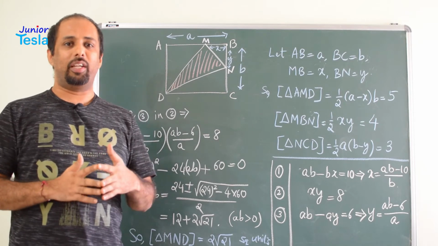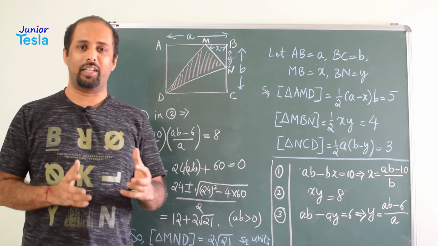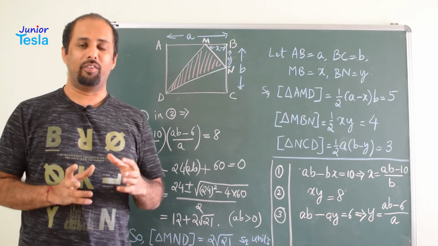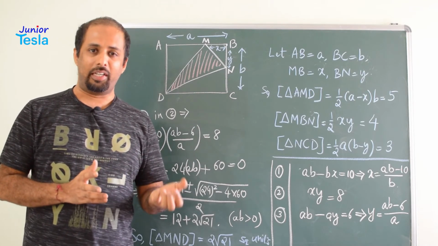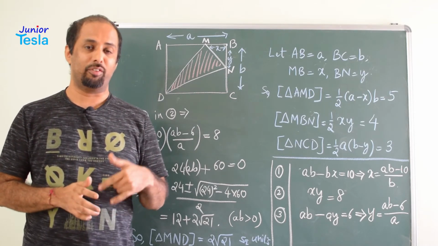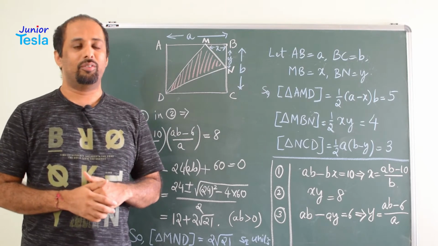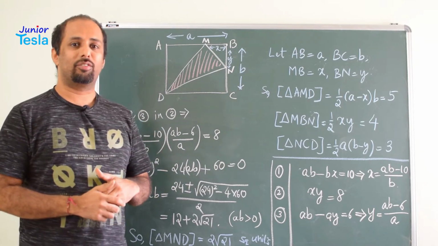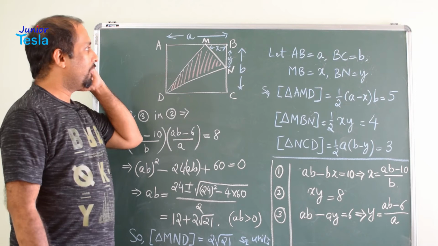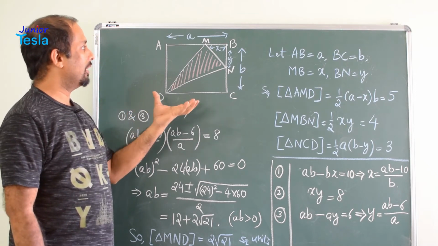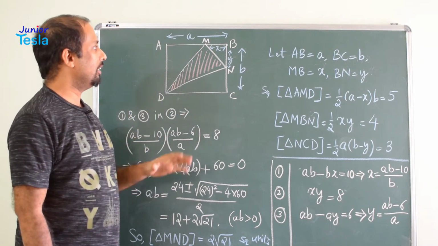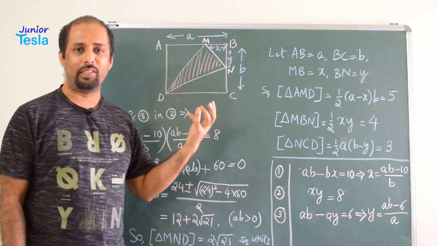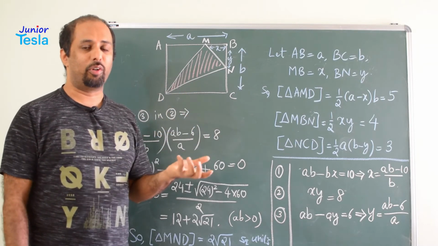Okay, it looks like a very decent problem. A rectangle, and inside the rectangle we have 4 triangles. Areas of 3 triangles are given and you are supposed to find the area of the 4th triangle. Now to solve this problem, first let us simplify the equations. Instead of writing M, B, A and all these things, let us use some notation.